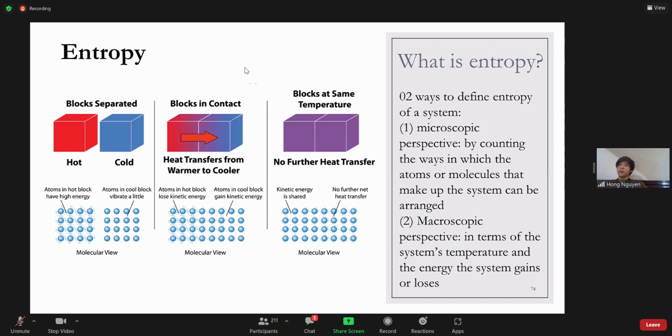I will go into the first way, the microscopic perspective. In the microscopic perspective, we count the ways in which the atoms or molecules that make up the system can be arranged.